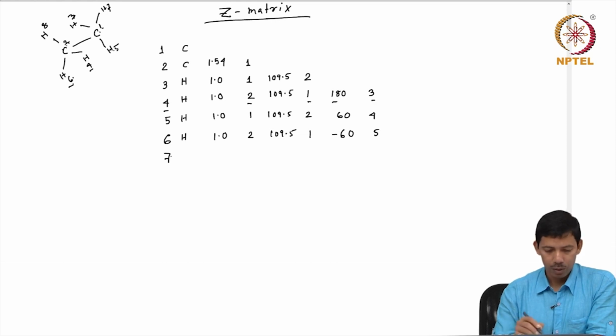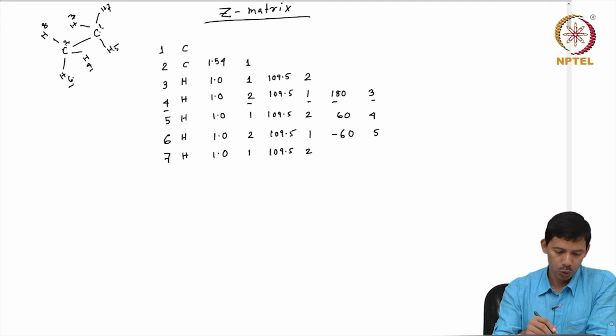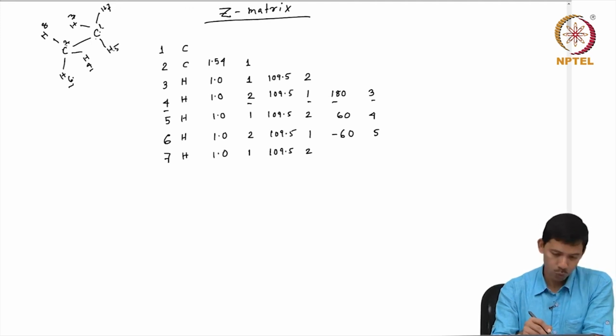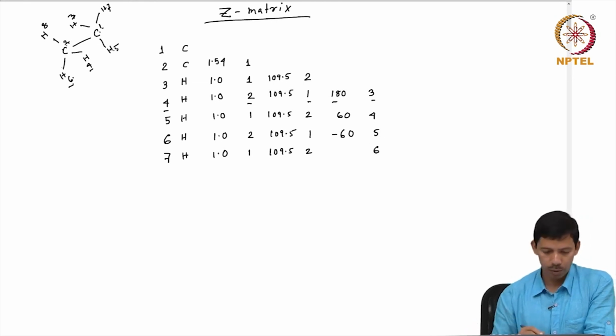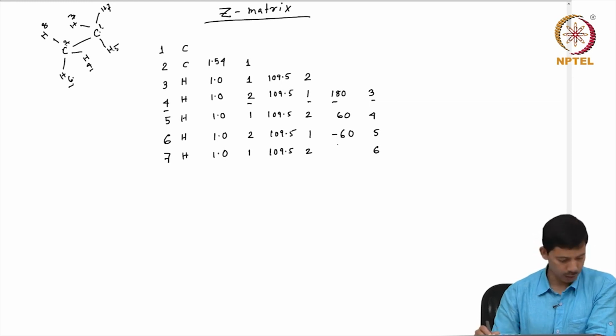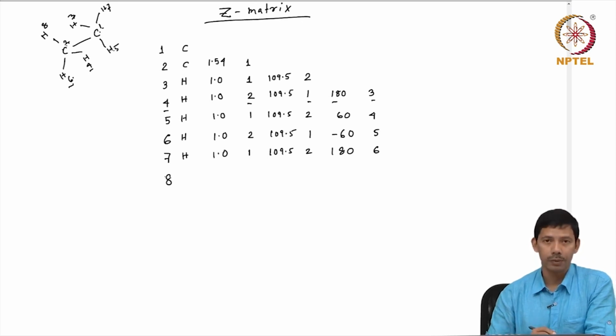Atom number 7, which is a hydrogen, forms a bond with 1 of value 1.0. 7, 1, 2 forms an angle of 109.5, and 7, 1, 2, 4 or 7, 1, 2, 6, we are trying to cover all possible dihedral angles, and that is 180, so that the full structure of the molecule is defined.